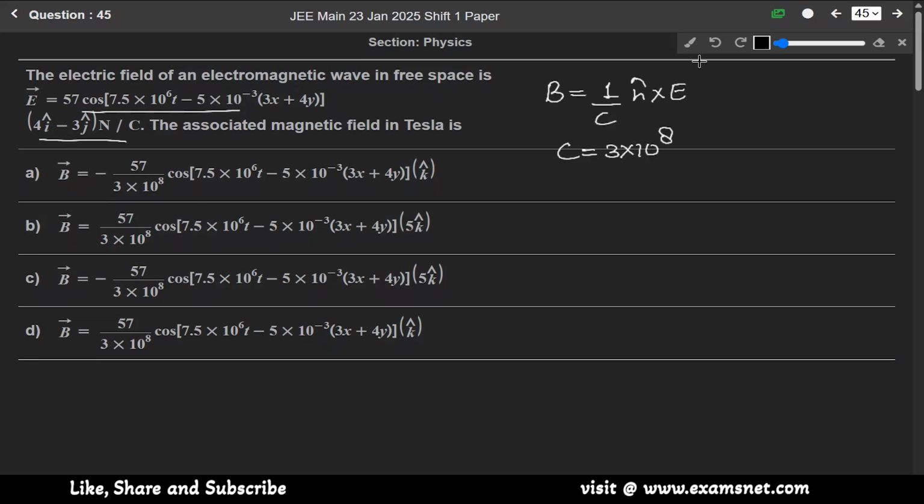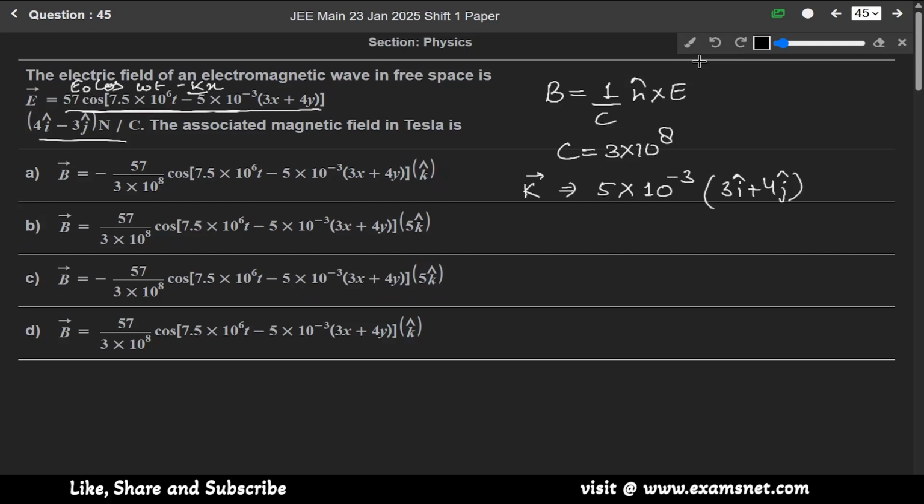So this equation can be written as E equals E naught cos(omega t minus k·x). Here k is equal to 5 into 10 to the power minus 3, (3x plus 4y), meaning 3 i cap plus 4 j cap.